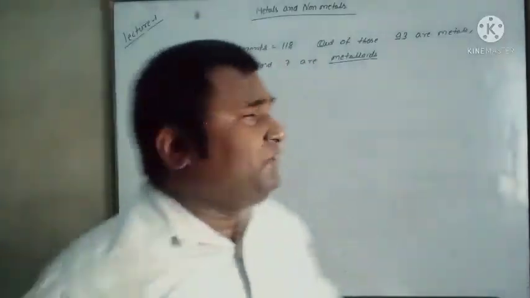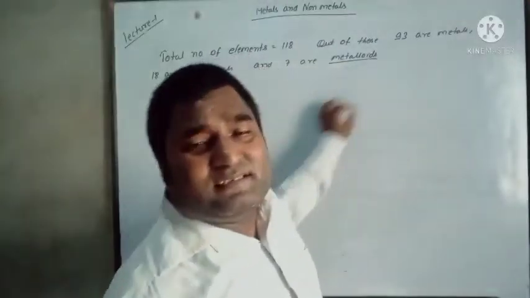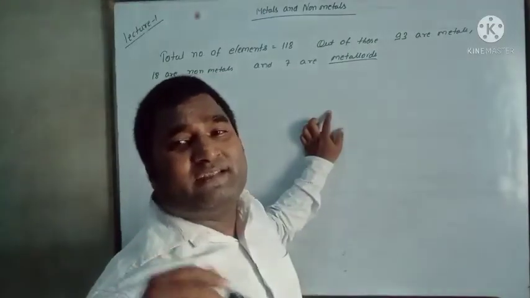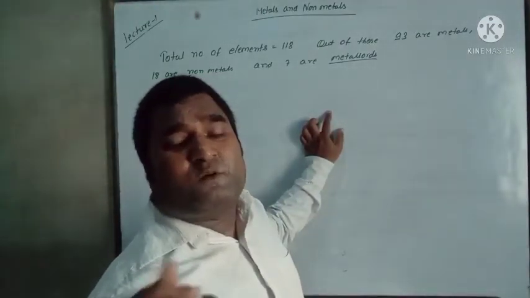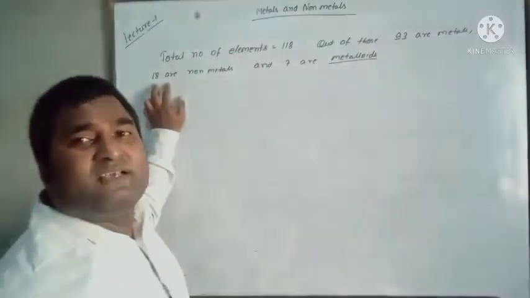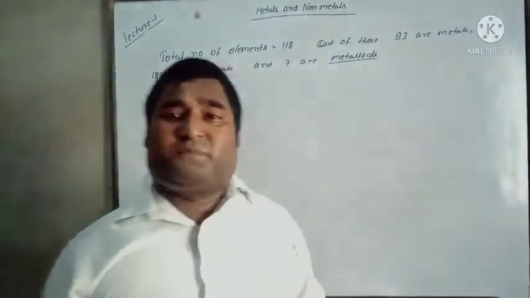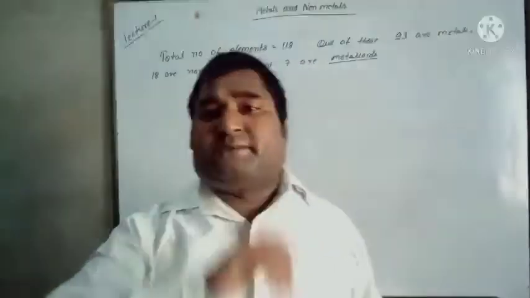So we are going to see in detail about metals and non-metals. Why these 93? What are those 93 elements? Why are they called metals? And what are these 18 elements? Why are they called non-metals? Due to their properties, which we have to see in this chapter.